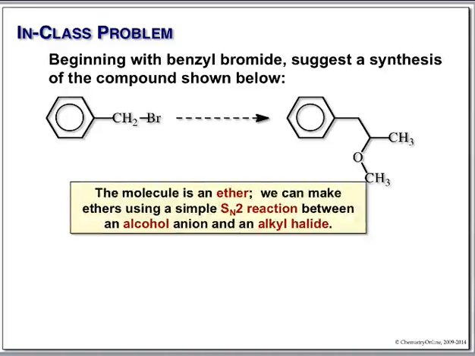It's an ether, right? How do we make simple ethers? Simplest is by the Williamson synthesis, the SN2 reaction. So we could do this if we had an alcohol and an alkyl halide. That's the simplest way to make an ether.